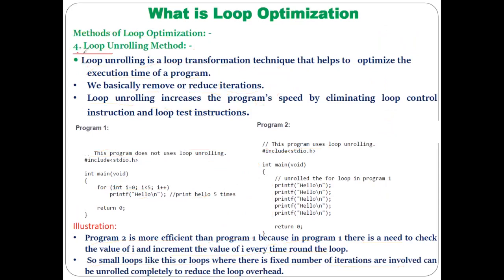If iterations are less, then loop unrolling definitely reduces the overhead. Now what is the overhead in this example? Every time checking the value of i and incrementing the value of i. But if you write it like this, the overhead is reduced. Okay, so I hope all of you have understood the loop unrolling method, where we reduce or completely remove the loop instruction.